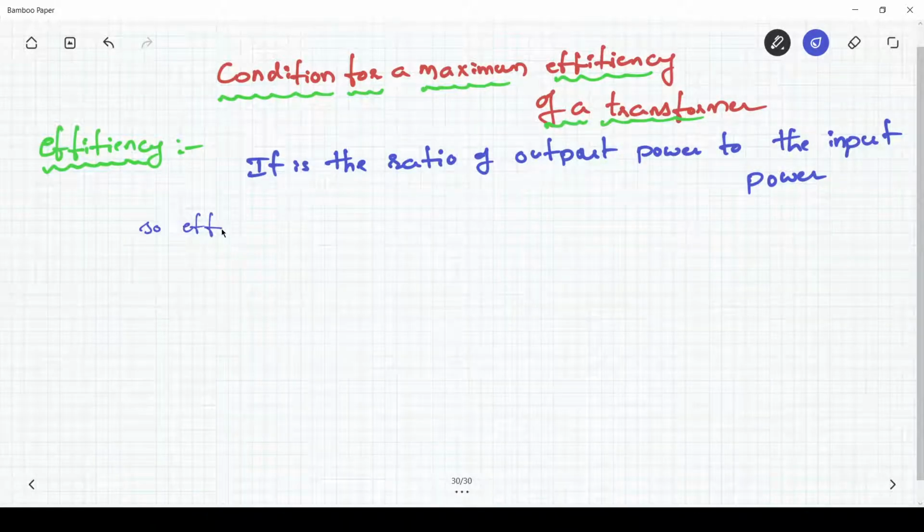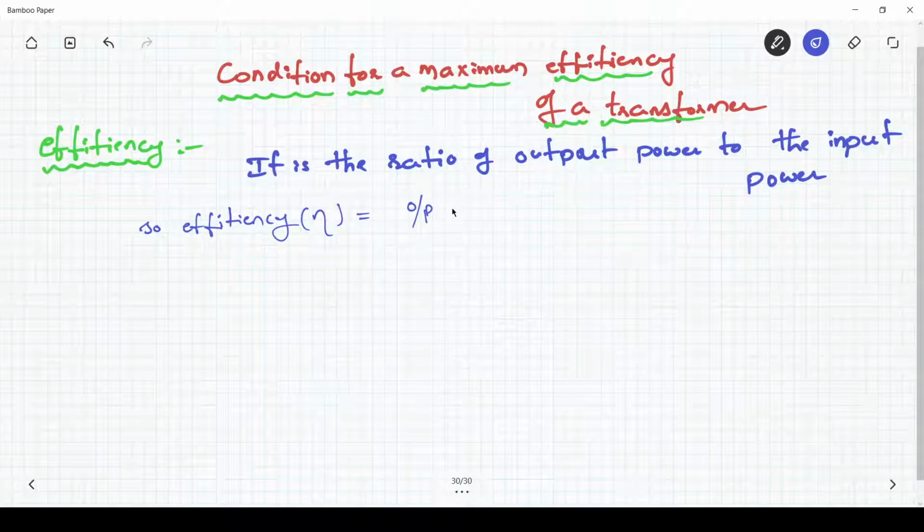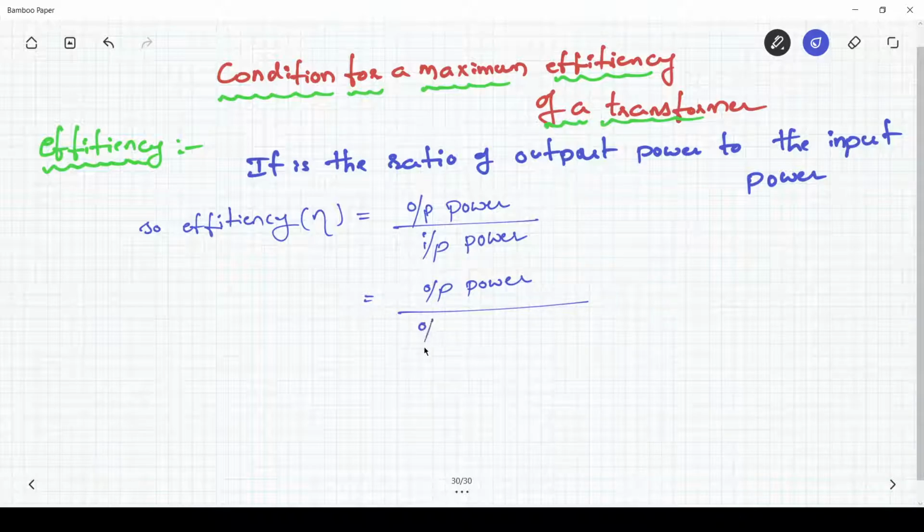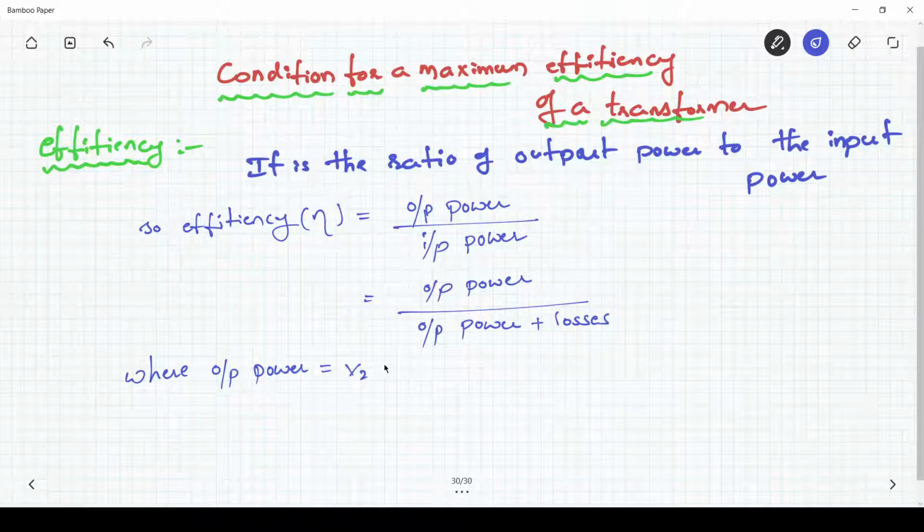So efficiency, denoted by the symbol eta, is equal to output power by input power, which is equal to output power by output power plus losses, where the output power of a transformer is V2 I2 cos phi 2.